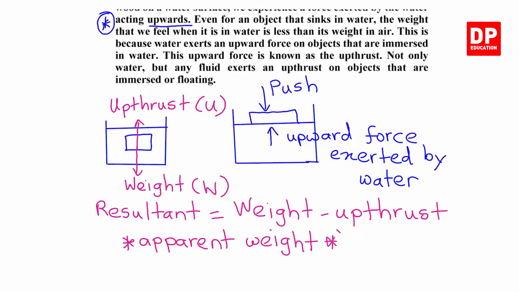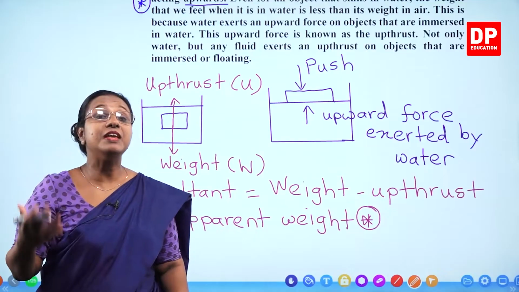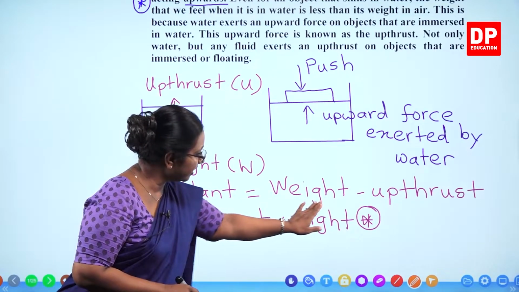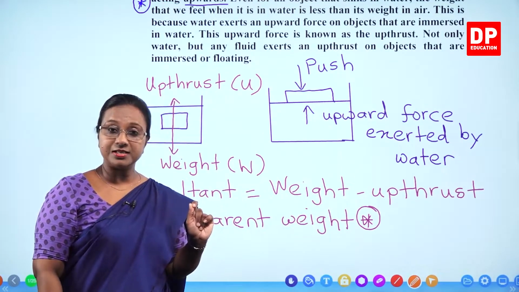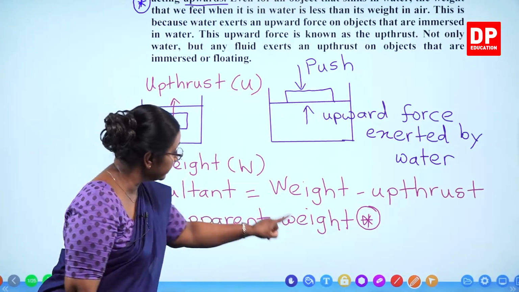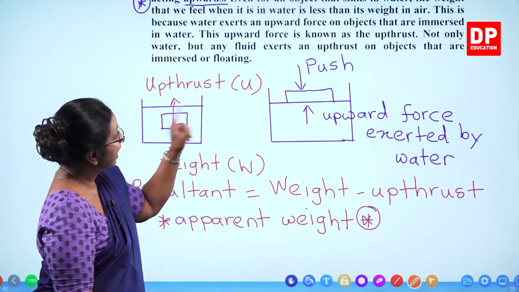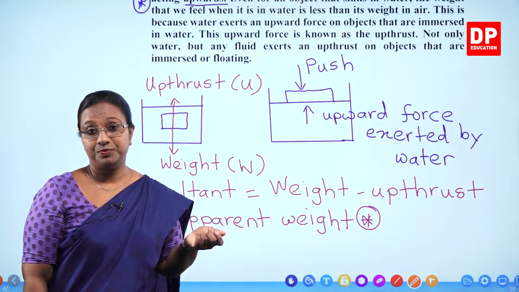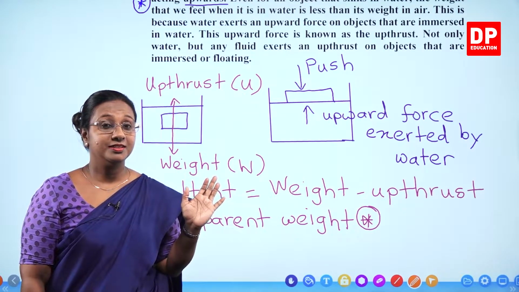When we use the term apparent weight, it is something that we feel or something that appears to us, not the real one. There is the real weight and there is the upthrust. Because of that, there is an apparent weight. So that means we feel it lighter than in air. Can you all understand that?